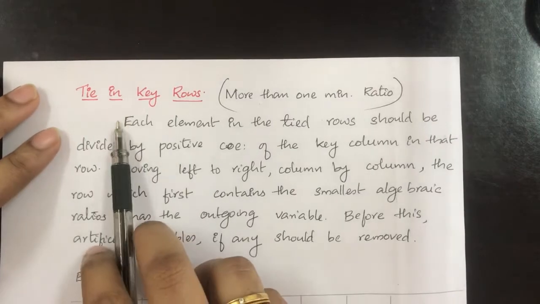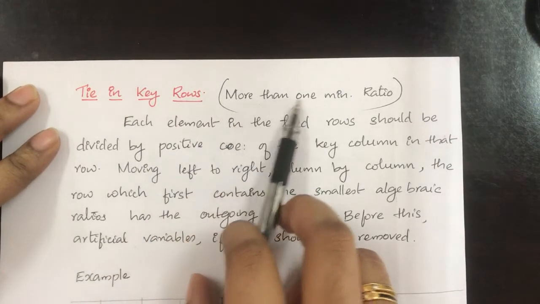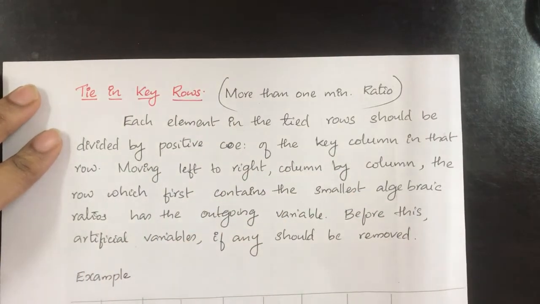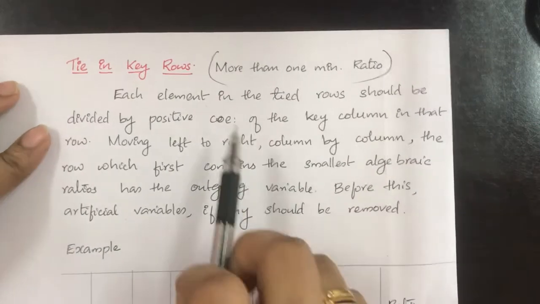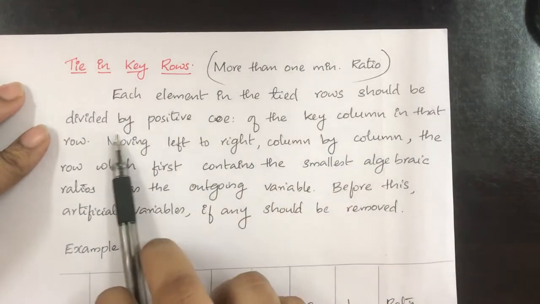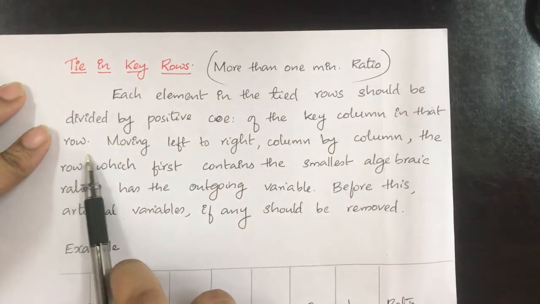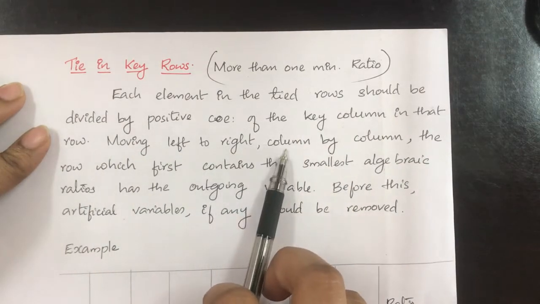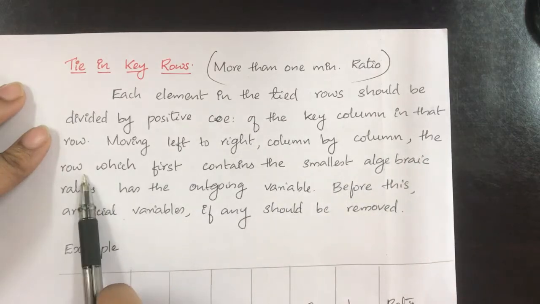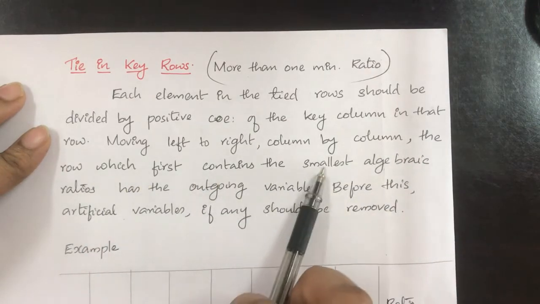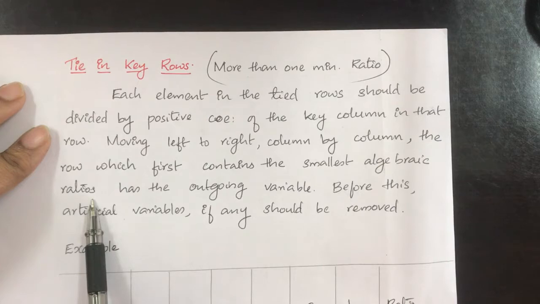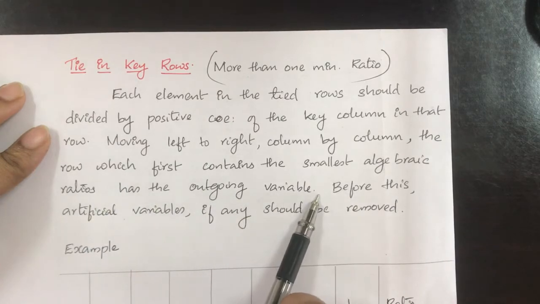Then next is the tie in key rows, that is, more than one minimum ratio comes there. Each element in the tied row should be divided by the positive coefficient of the key column in that row, moving left to right, column by column. The row which first contains the smallest algebraic ratio becomes the outgoing variable.